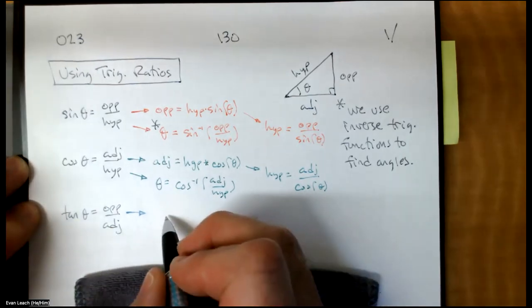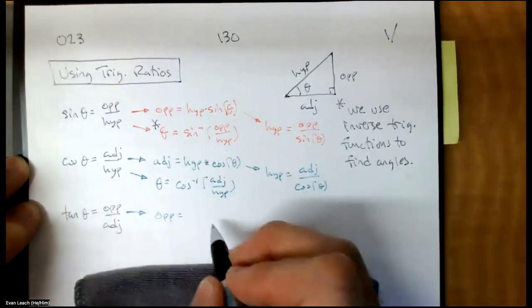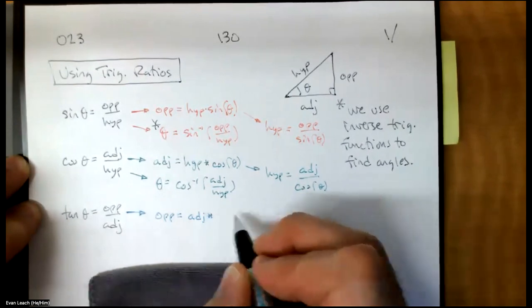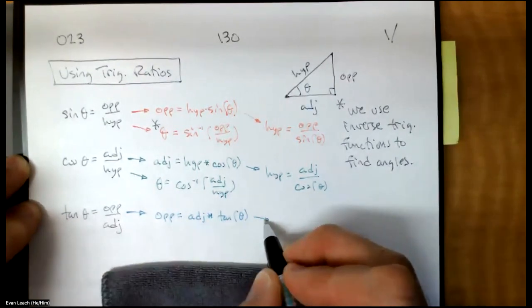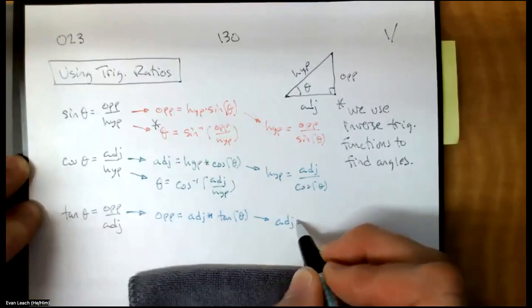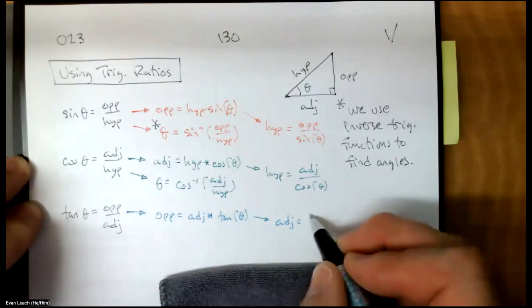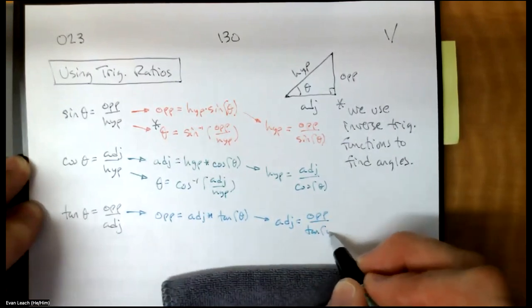In this case, I can solve for the opposite by multiplying. Opposite is adjacent times the tangent of theta. We can also solve for the adjacent by saying adjacent is opposite divided by tangent theta.